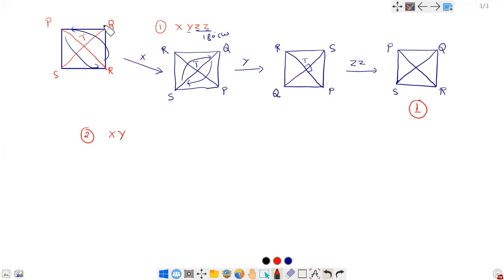First we perform the x operation on the original structure, then on the obtained structure we applied the y operation and we got this structure. So this is the result of the second sequence, x and y.